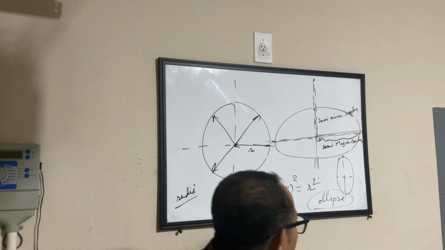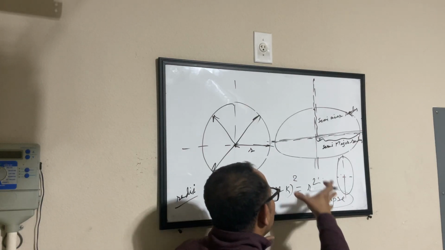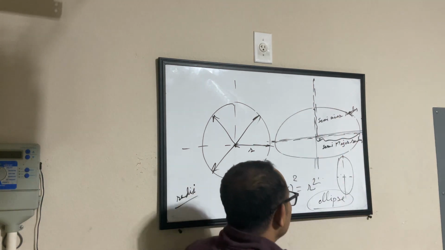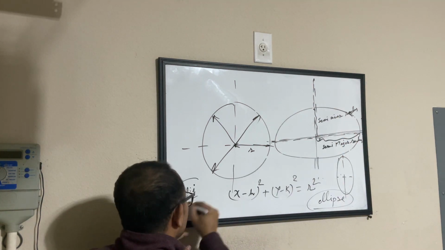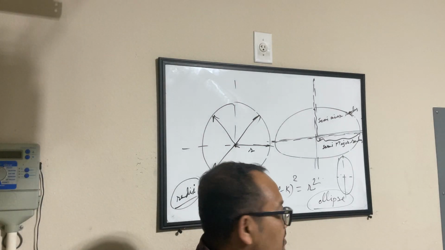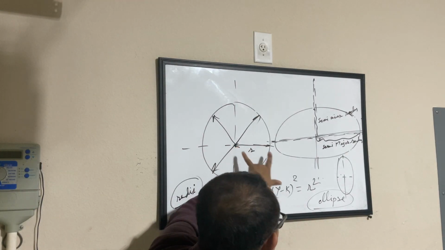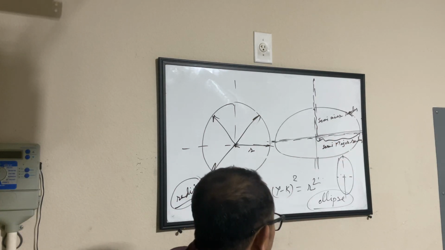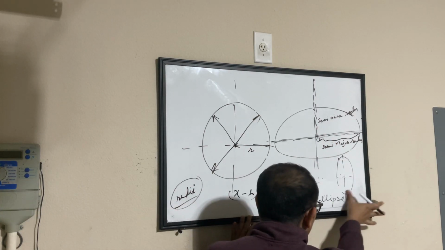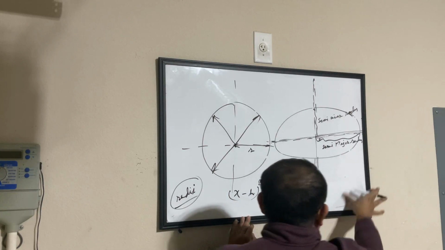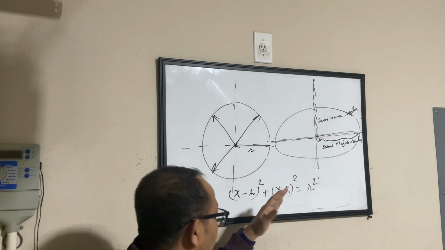I don't know how to pronounce it, but these are the major radius and the minor radius. Together, these are the radii of the ellipse. So here, in this case, you have only one radius. Here you have two.